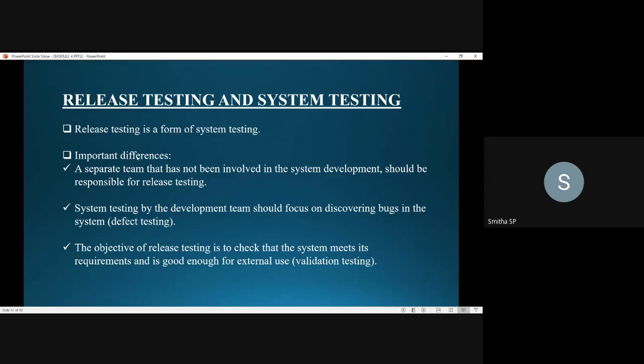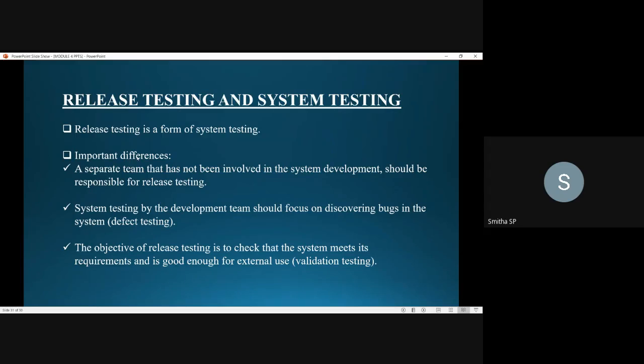So, release testing is a form of system testing. The difference between these two is, first, to perform release testing, a separate team will be there.